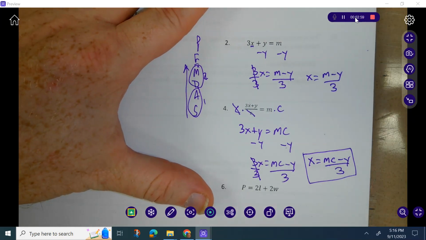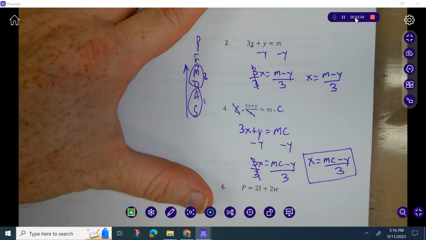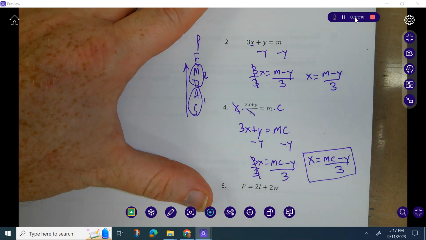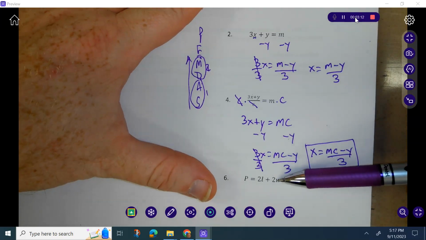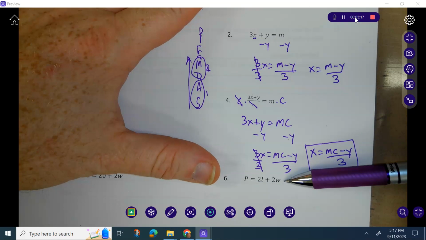Now, one of the ways that we actually use these literal equations, and why it is beneficial for us to solve them, is because we get formulas from geometry, such as number 6 here, for the perimeter of a parallelogram.